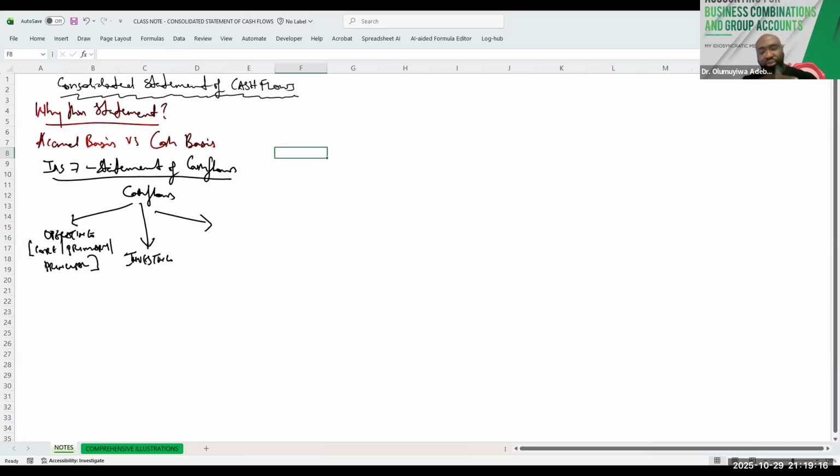And likewise, any form of investment you might have in financial assets. All of these are support systems to your operations.